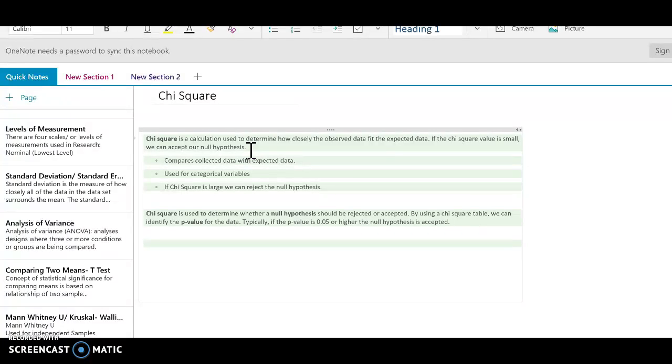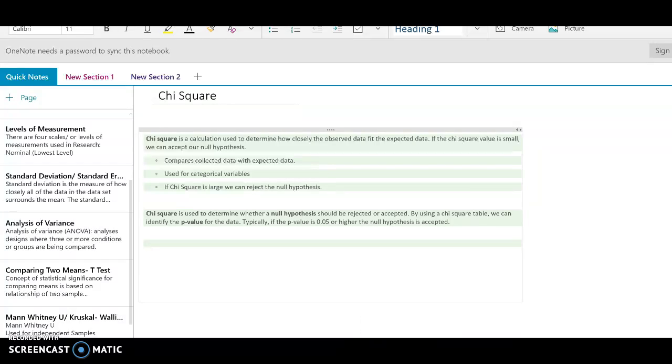However, the alternative hypothesis or the research hypothesis is that we do expect to see some change. Now, the chi-square, again, compares collected data with expected data. It's used for categorical variables only, and if it is large, we can reject the null hypothesis, and if it's small, we accept our null hypothesis. Okay?